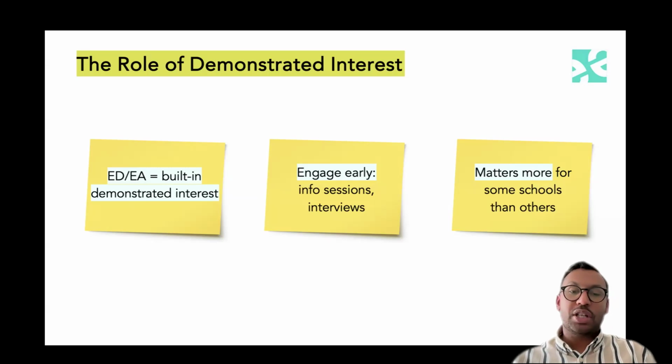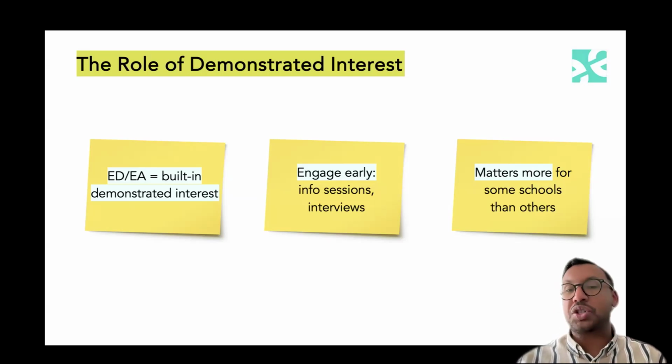You get the opportunity to engage with an admissions officer. Again, this is an opportune moment for you to really stand out, to ask intelligent questions, and to make a lasting impression. Other ways that you can also engage is that if a school offers interviews, definitely schedule an interview. Make sure that you are prepared for an interview.